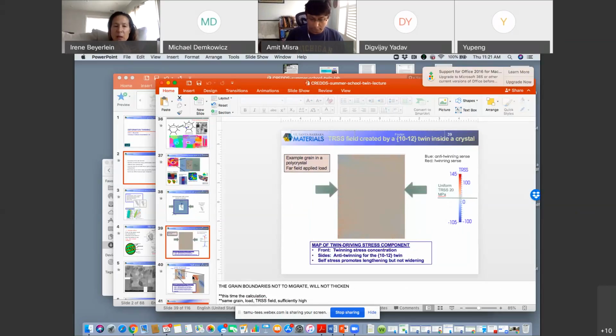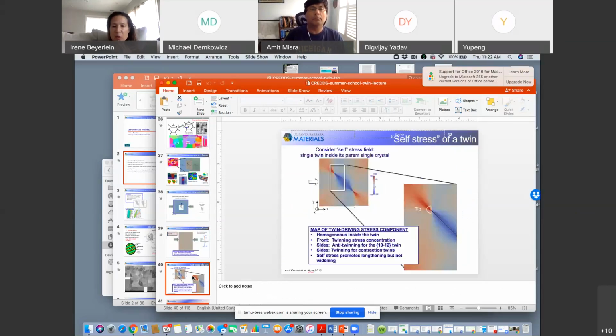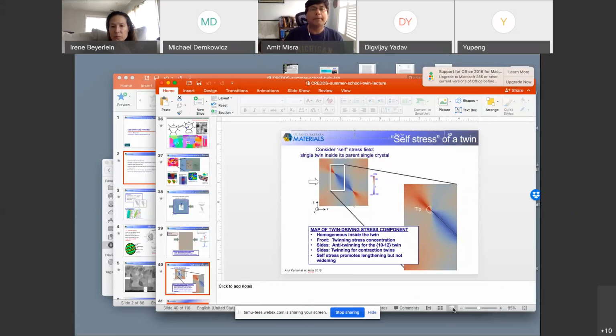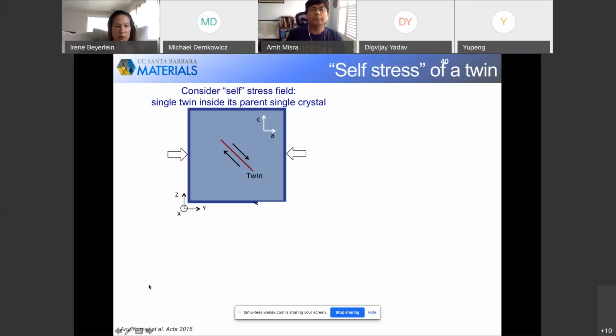And then within this deformed crystal, while it's under deformation, we insert a twin. The twin here is entirely embedded within the crystal. It's still under applied load.